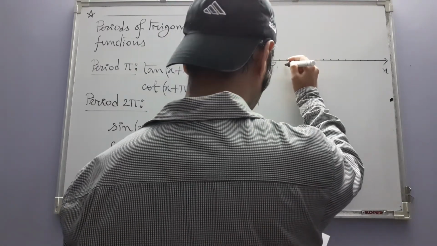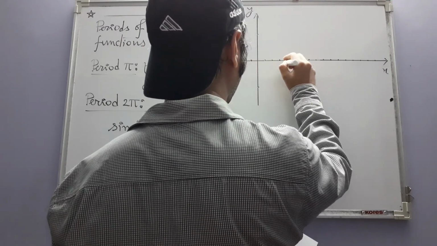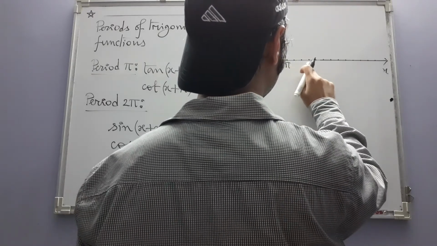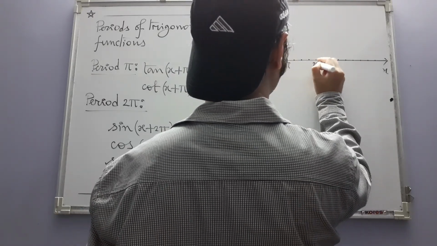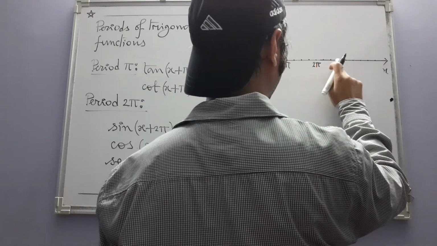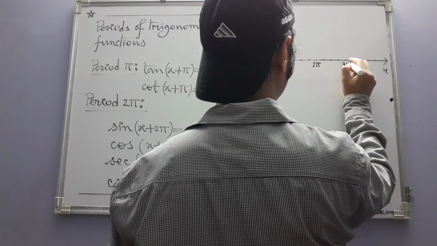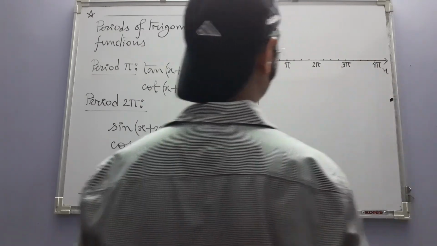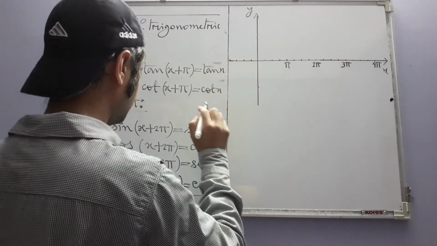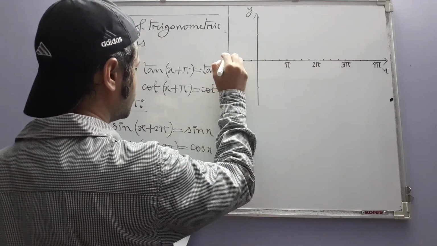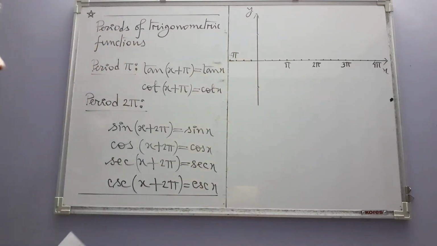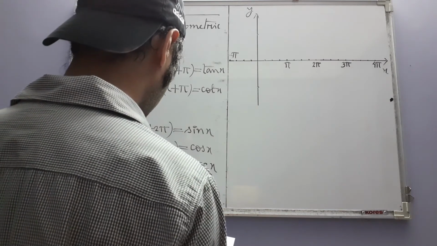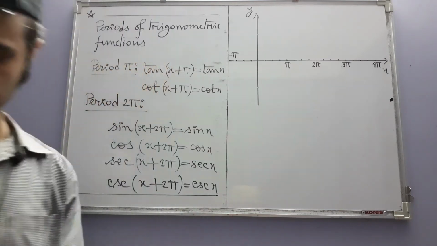This is pi, 2 pi, 3 pi, 4 pi. This is minus pi, this point.